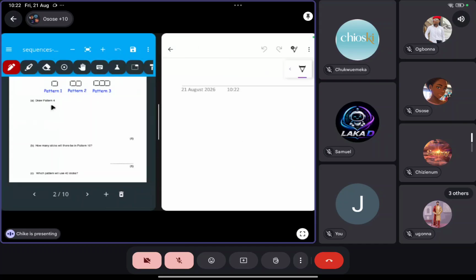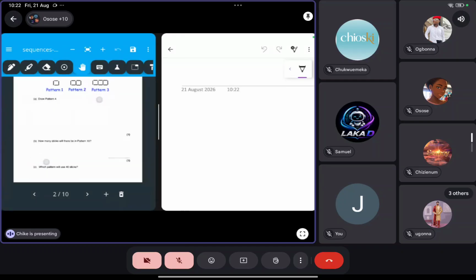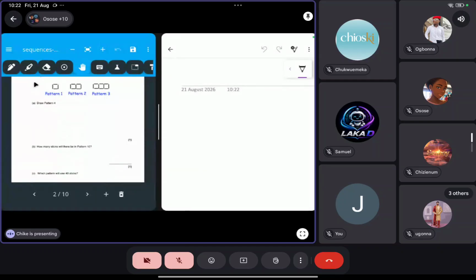Now, this one says we should identify pattern 4. So looking at it, according to the defined rule, for pattern 1, we have 1, 2, 3, 4. So to draw pattern 1, I have 1, 2, 3, and 4. This is pattern 1. Pattern 2, we are having another 1, 2, 3, but it joins with the first one.